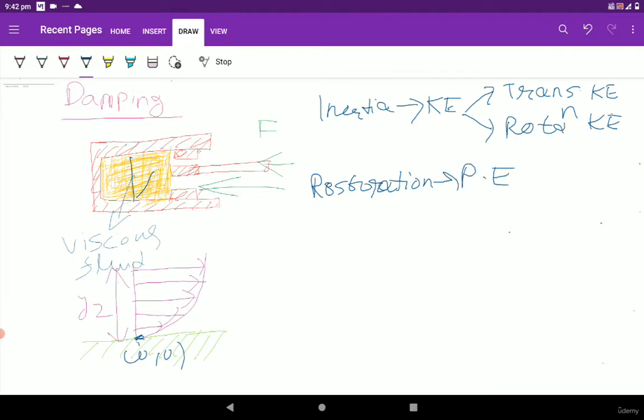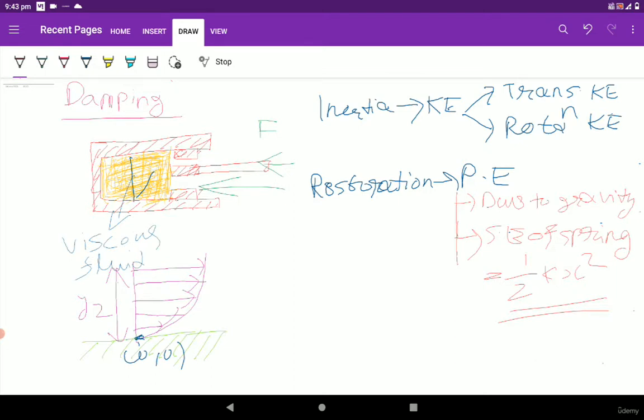Potential energy can be due to gravity or due to the strain energy of the spring, that is half k x square. And damping is due to the loss of energy.